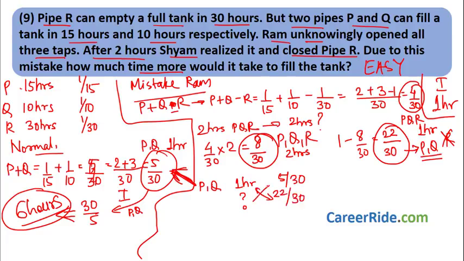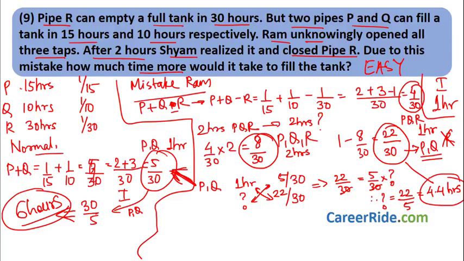Simply cross multiply. We get 22 upon 30 multiplied by 1 equal to 5 upon 30 multiplied by question mark. 30 gets cancelled, so the question mark equals 22 upon 5, that is nothing but 4.4 hours.